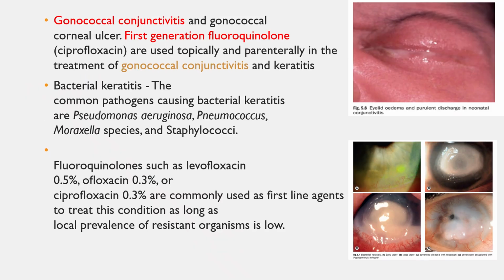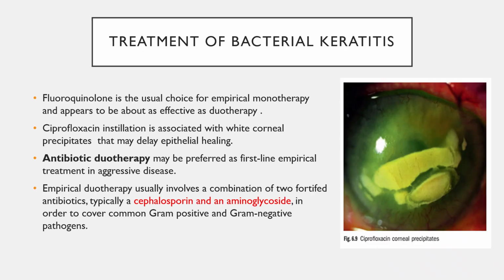In gonococcal conjunctivitis and gonococcal corneal ulcer, first generation fluoroquinolone ciprofloxacin is used topically and parenterally in the treatment. The fluoroquinolones such as levofloxacin 0.5%, ofloxacin 0.3%, or ciprofloxacin 0.3% are commonly used first line agents to treat this condition as long as local prevalence of resistant organisms is low.